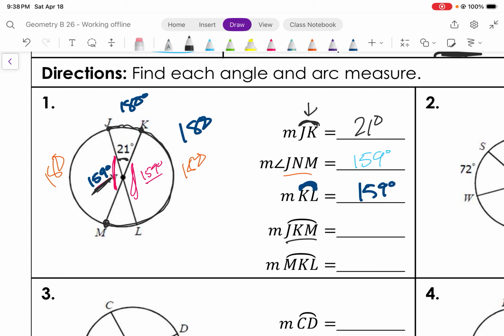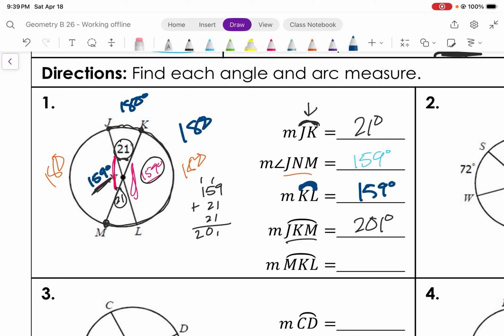It's like the whole thing getting rid of the 159, which would actually be 21 plus 159 is going to be the part that we want, JK to M. So let's see, we have 159 plus 21 and another 21. So 1 and 9 would be 11. 2 and 2 is 4, 9 and 10, and 1 is 201. So that means that has to be 201 degrees.